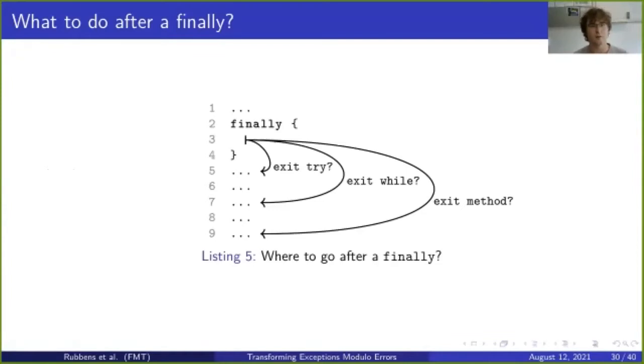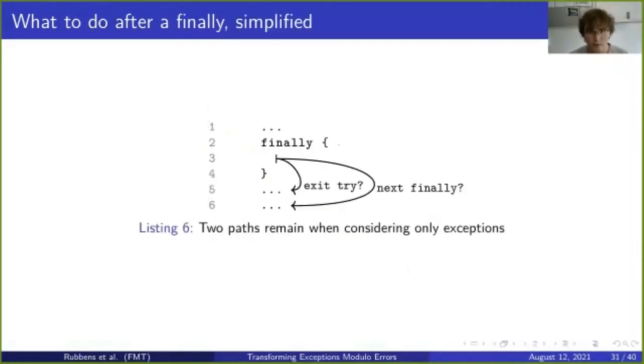So what to do after a finally? It's not immediately clear. Do you have to exit the try statement that the finally belongs to? Do you exit a while loop further down in the program? Or do you exit the entire method? So you can only know this if you somehow resolve this ambiguity. But there is a simplification we can do. So let's say we only consider exceptional control flow, then this question becomes a lot simpler.